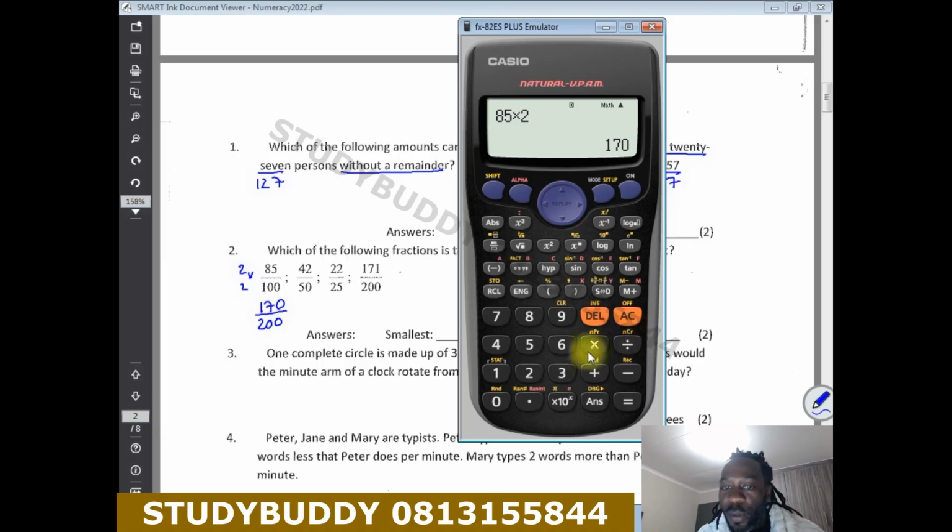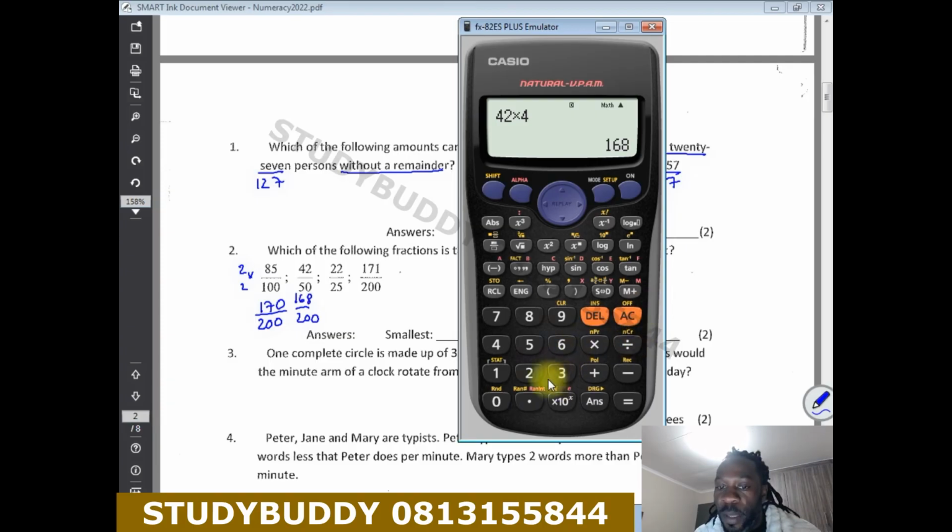Same applies: to get to 200 from 50, you multiply by 4, so 50 times 4 is 200. The numerator must also be multiplied by 4, which gives 168.